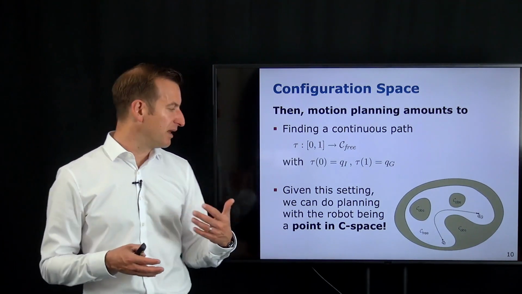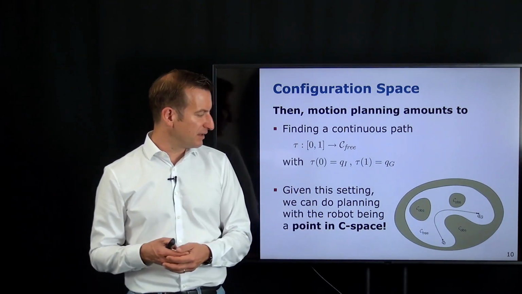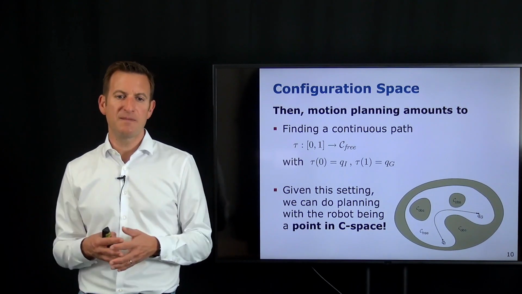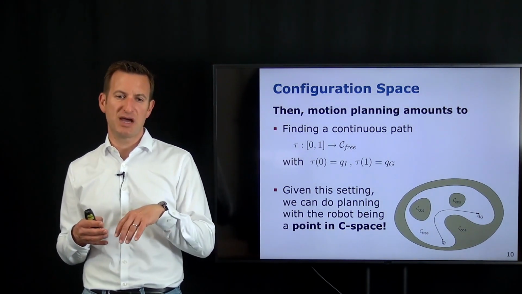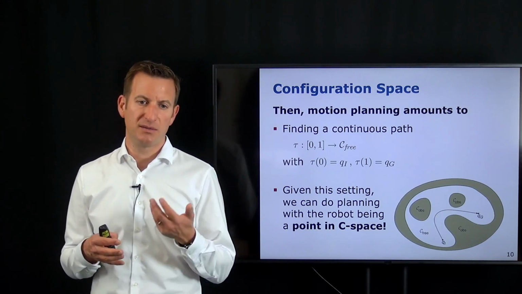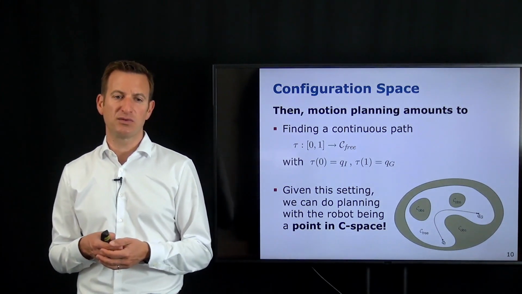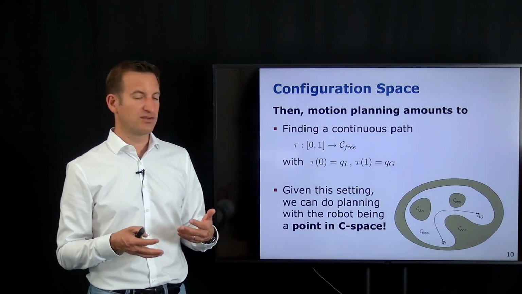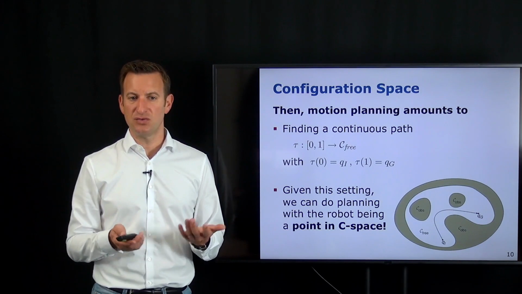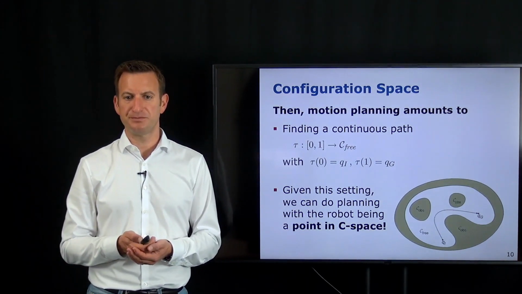That means that the goal location and the initial location are connected in the same free space, and that I can define a path which guides me from the initial configuration to the target configuration throughout this connected free space. And this is then the solution to my planning problem.